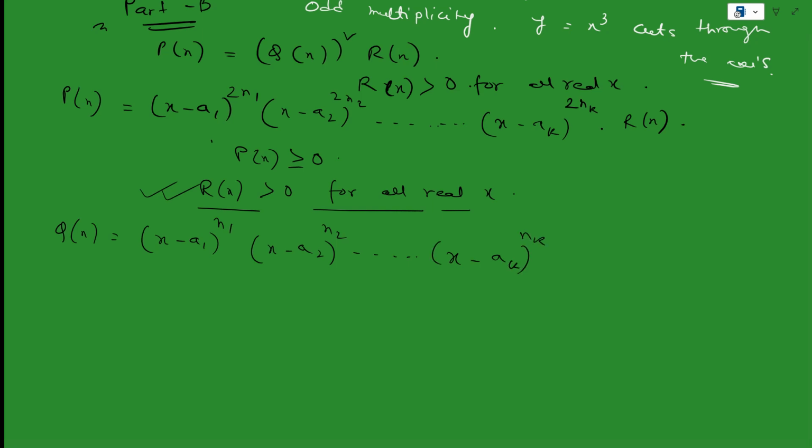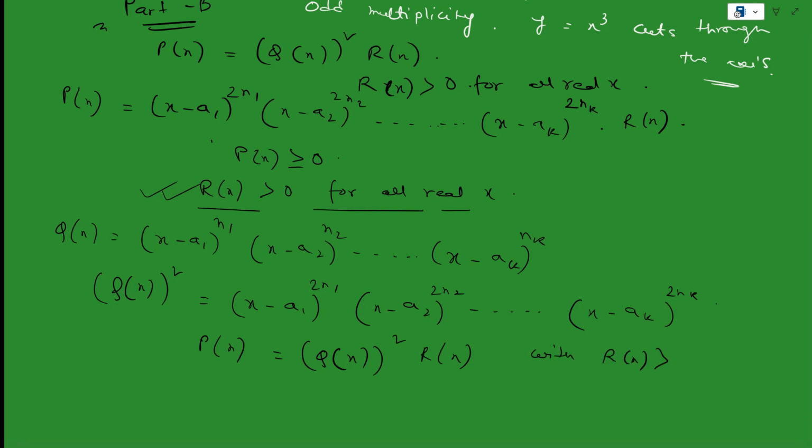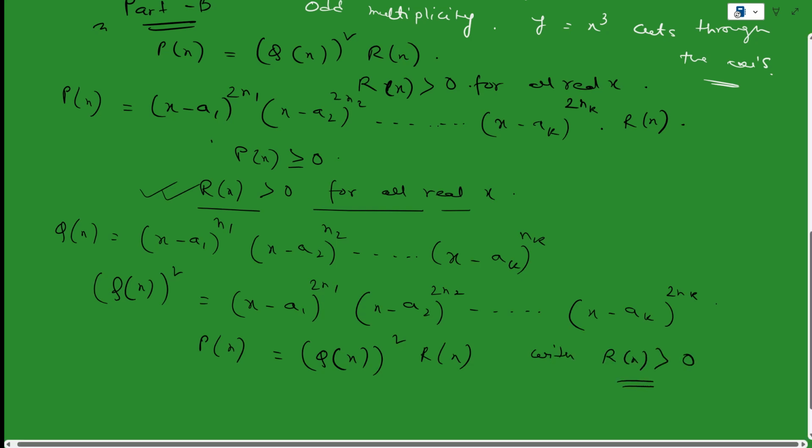Then naturally q of x whole square is (x minus a1) to the power 2n1 into (x minus a2) to the power 2n2, and this goes up to (x minus ak) to the power 2nk. Therefore, p of x is basically q of x whole square into r of x, with r of x greater than 0 for all real x.